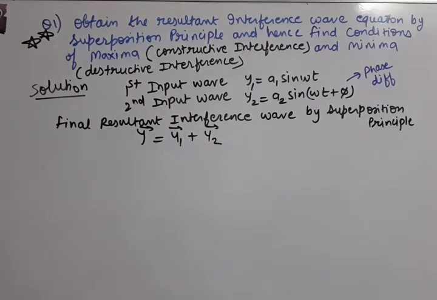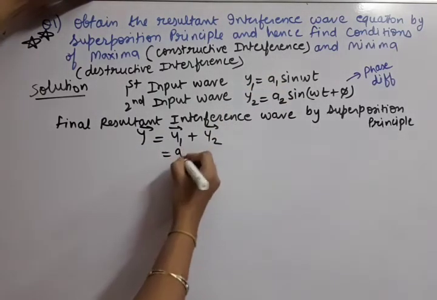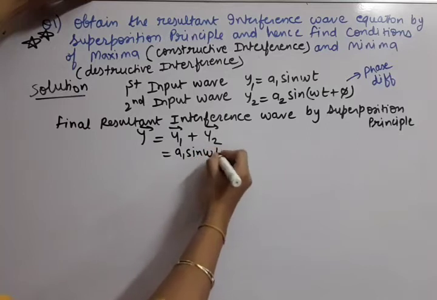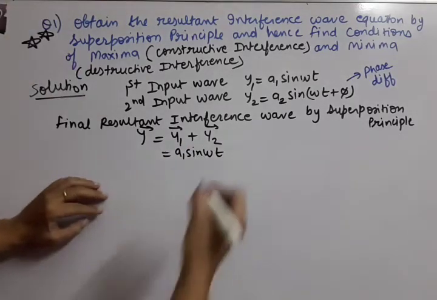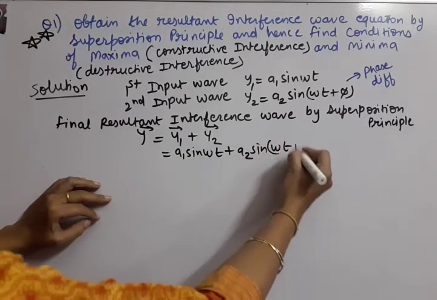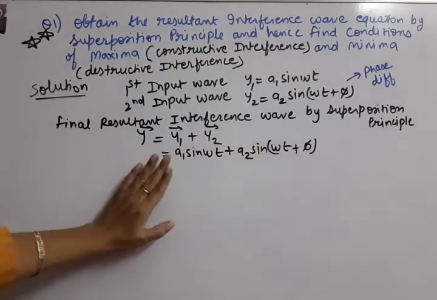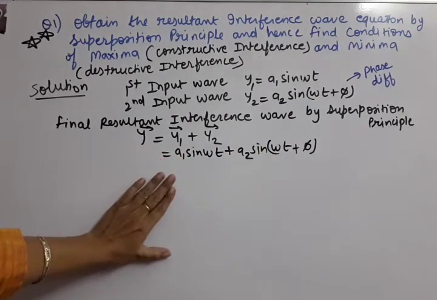So let us start substituting now. So we have already a1 sin omega t as our first equation, then a2 sin(omega t plus phi) as the second equation.